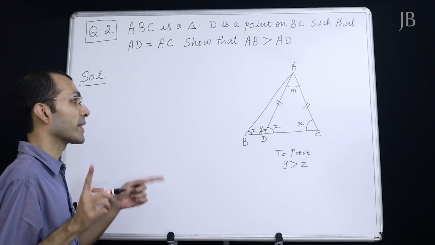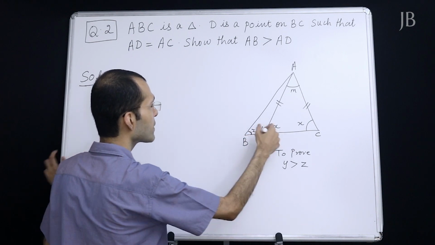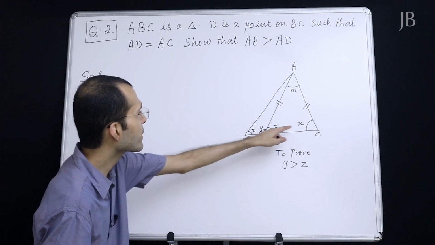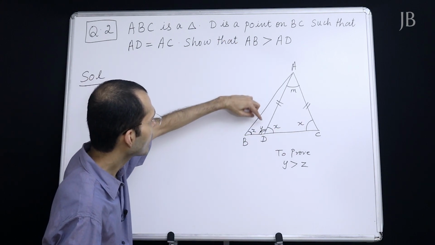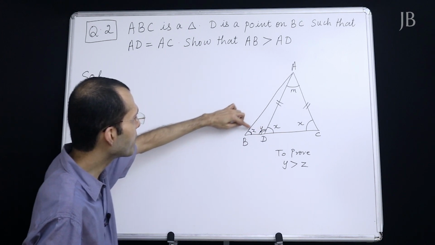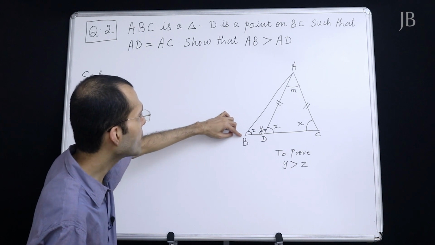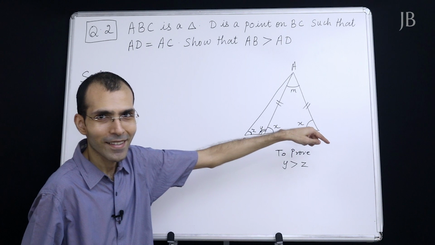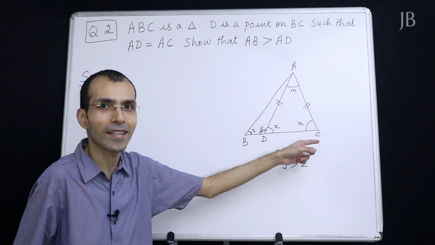So now Y is greater. Because Y is not x, Y is x plus m. If Y is greater than x, what will happen is side AB will be greater than side AC. Because Y is greater than x and opposite x also comes AC.